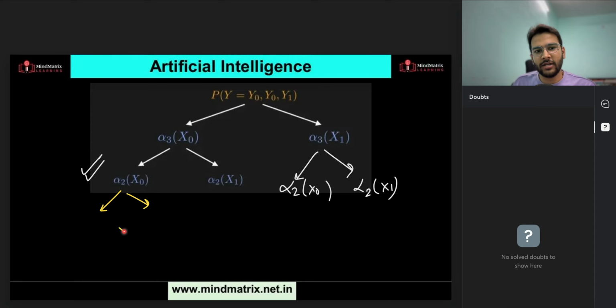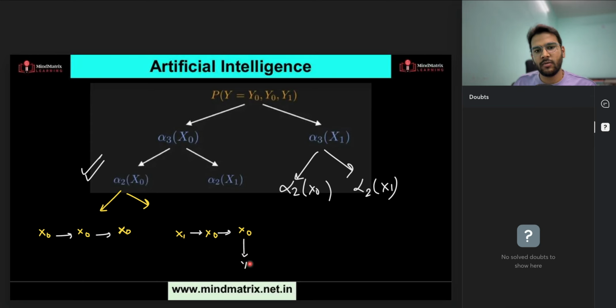So we considered that on the last day it is x0, on the second day it is x0. Now we can have x0 here on the first day also, and here it is x0, and x1. Yes or no? Like this. So this is how we can categorize this.